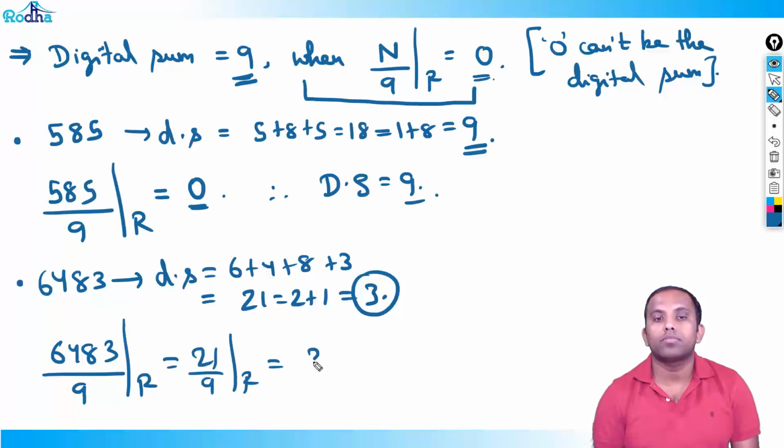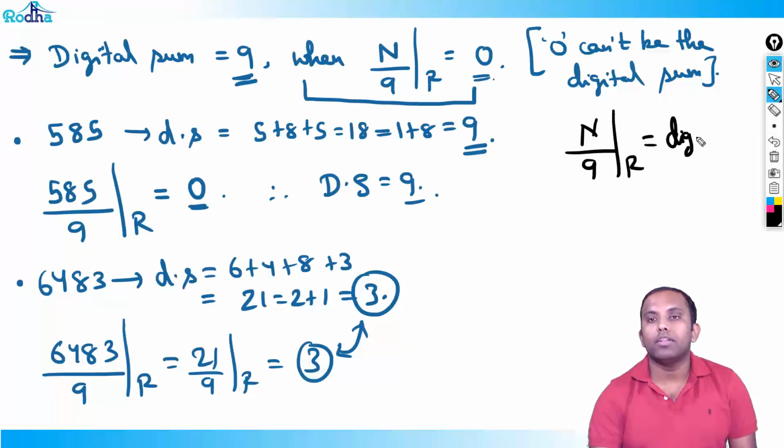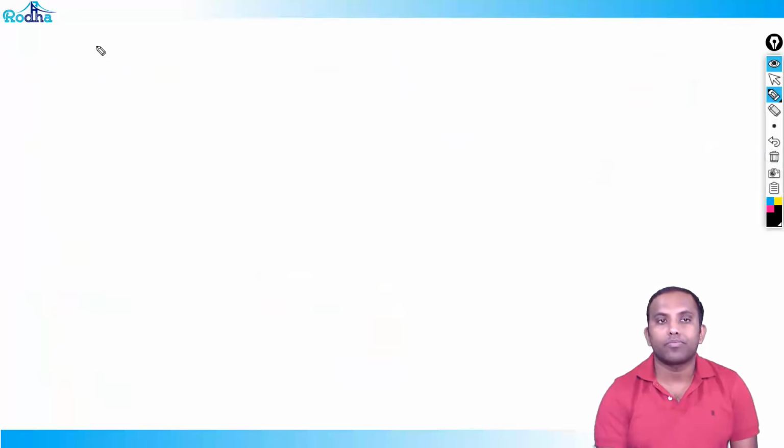It's 3 only. That's it, right? So you have written that any number divided by 9, the remainder will give me the digital sum of that number. Very important point. Okay, let's do a question here.